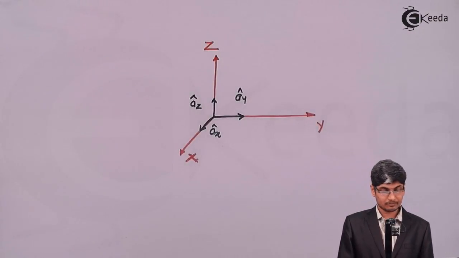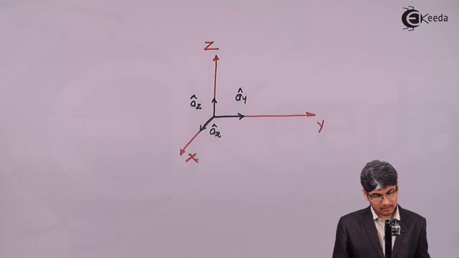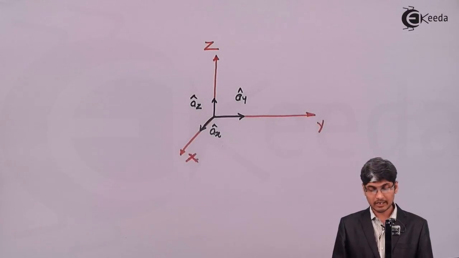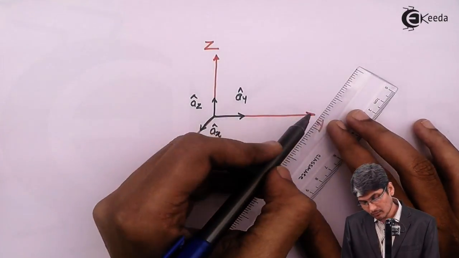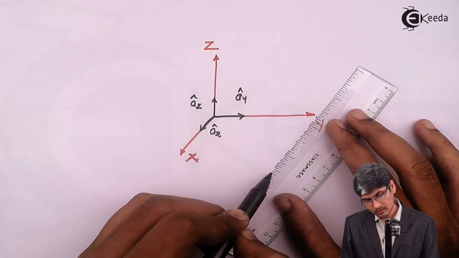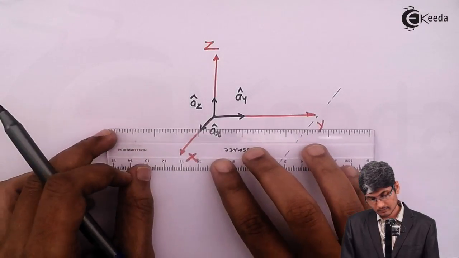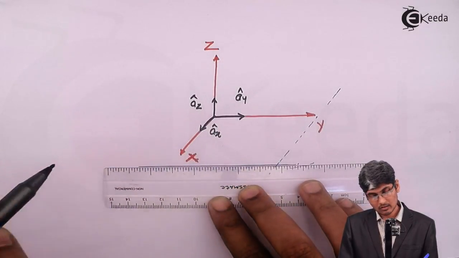Now in this coordinate system, we can have something called planes, or plane surfaces. How will a plane surface look in this coordinate system? It will be like this. If I am allowed to move anywhere in the xy direction but not in the z direction, so let's say z is equal to 0 and I am allowed to move only in the xy direction, then the movement will be somewhere in this plane.